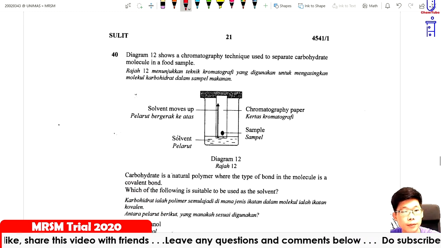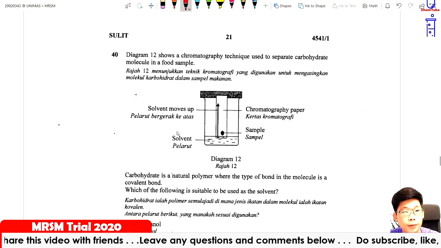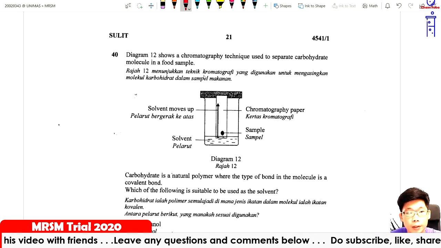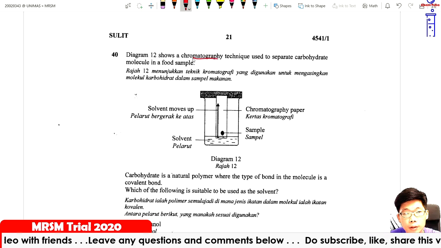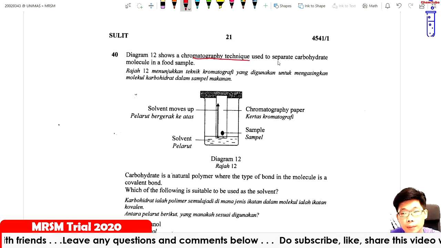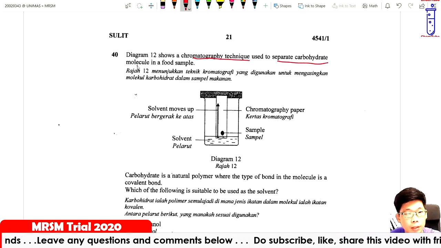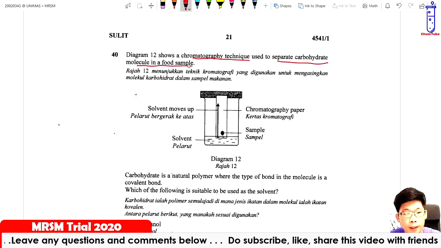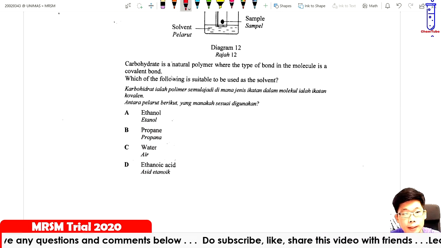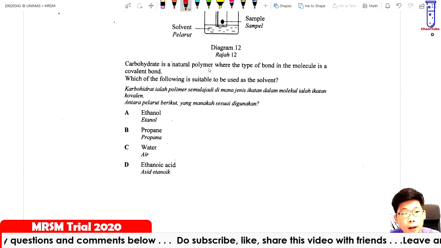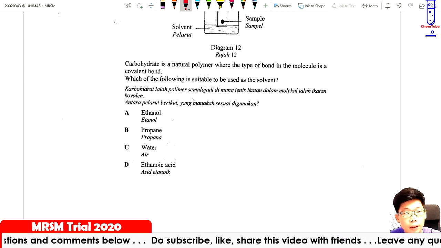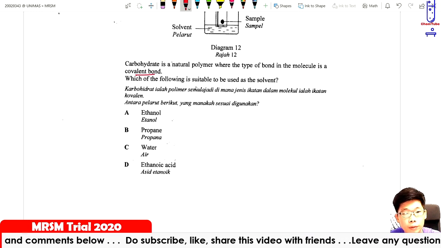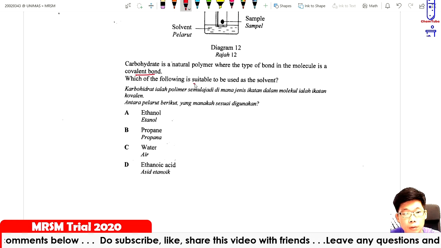Question 40. It shows the chromatography technique used to separate the carbohydrate molecules in a food sample. Which of the following is suitable to be used as a solvent?